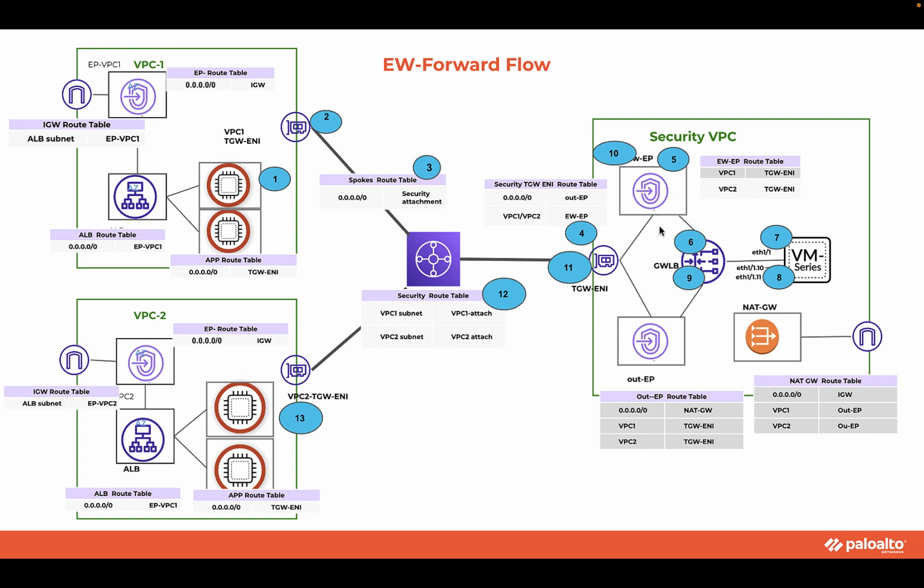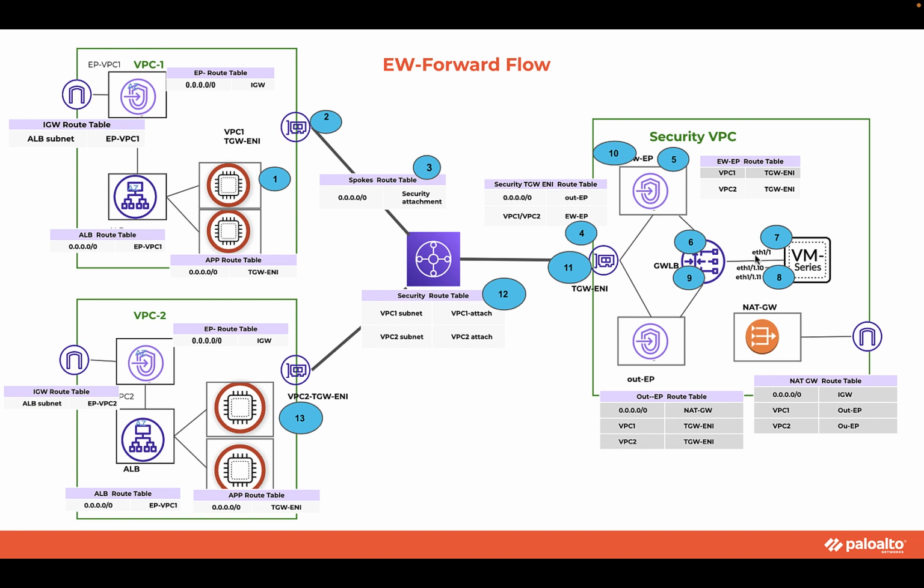So we have two endpoints in our security VPC. So we will forward the traffic towards the endpoint, which is catering to the east-west traffic flow. The endpoint is going to forward it towards the gateway load balancer. Gateway load balancer is going to send it to the VM series.